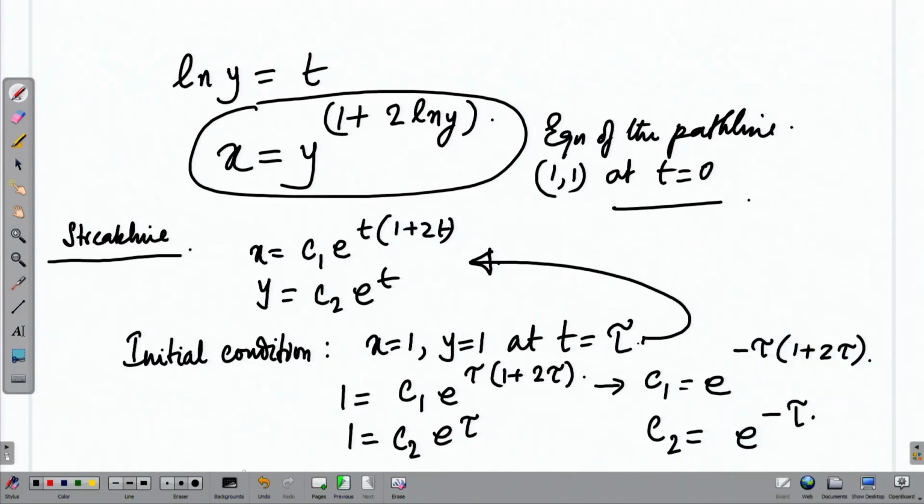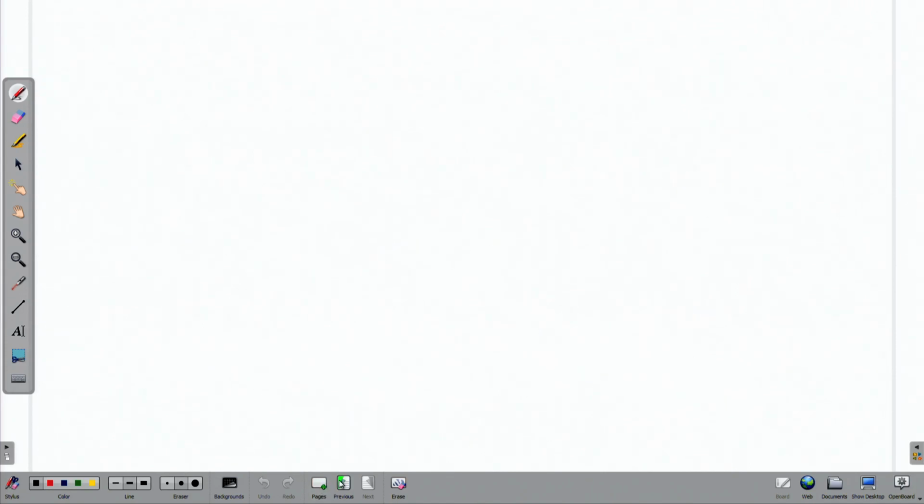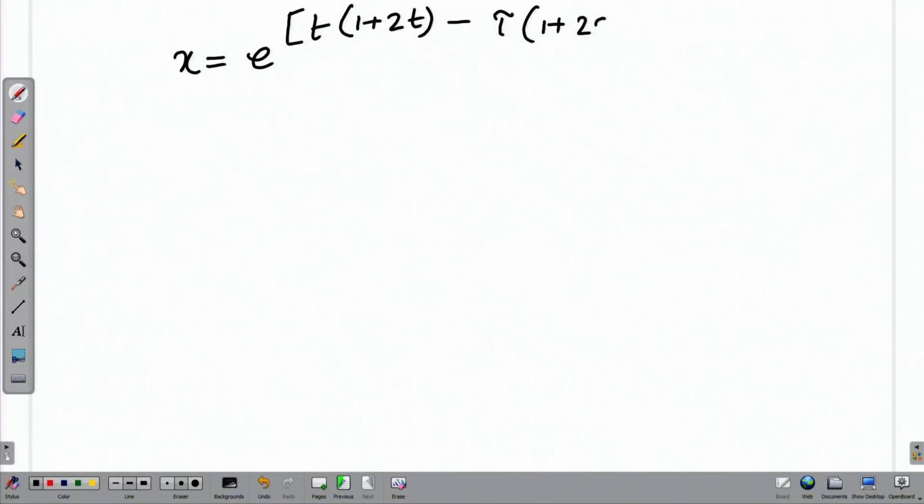These are going to be the values of the constants, and then if you plug them in, you get an x equation which looks like this, and the y equation will look like this. You see, it has dependency on both t and tau.